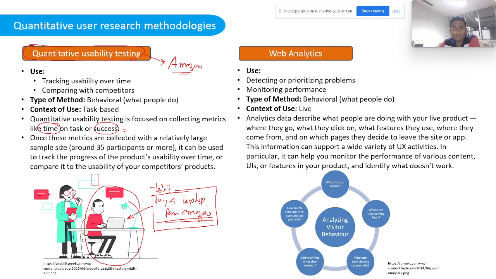When we do this for a larger sample size, we'll be able to know whether a particular flow of task or a particular feature in a website like Amazon is proper or not.